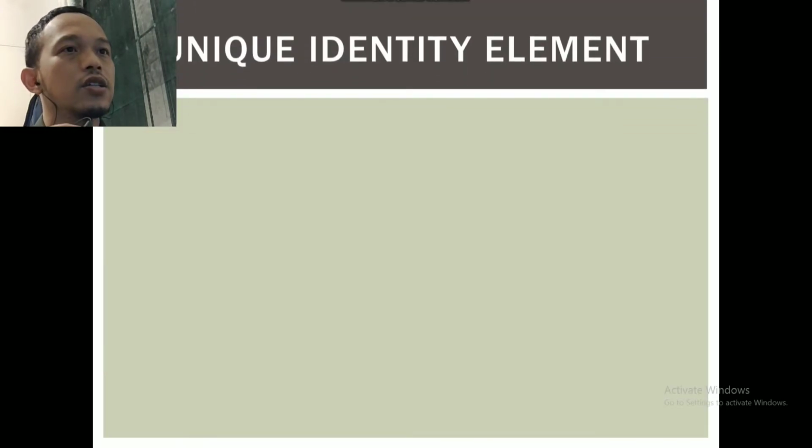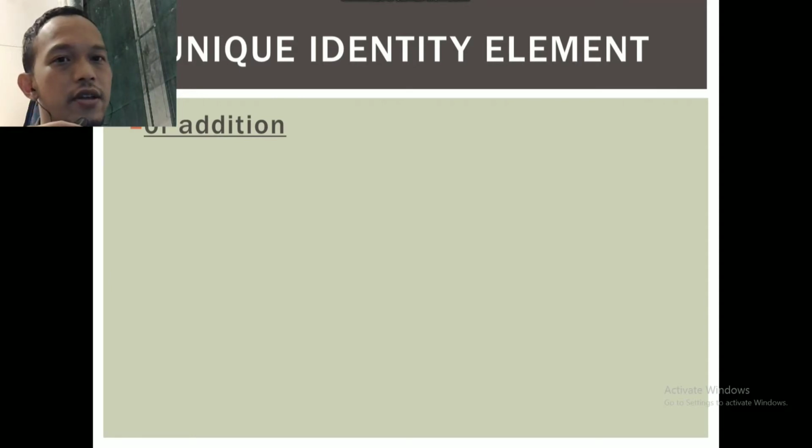So the sixth and seventh field axioms are the unique identity elements. What is the unique identity element? There are two. First, the unique identity element of addition. If I ask you what it is, the answer is zero.